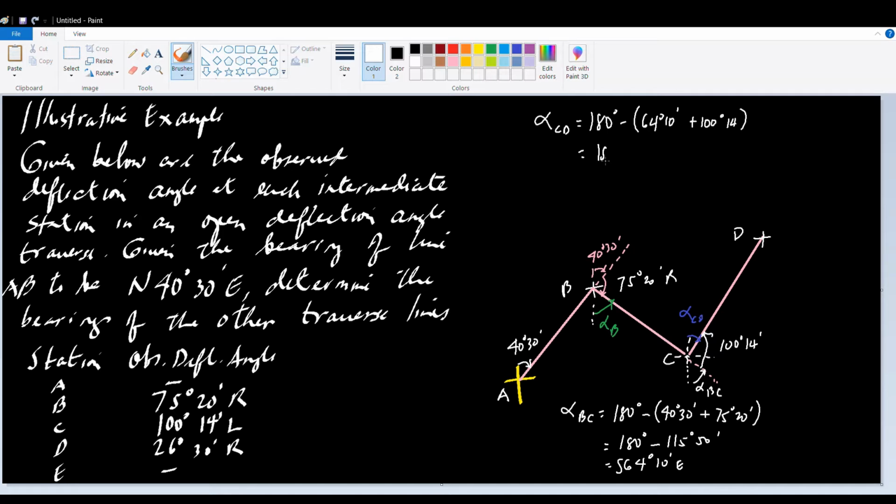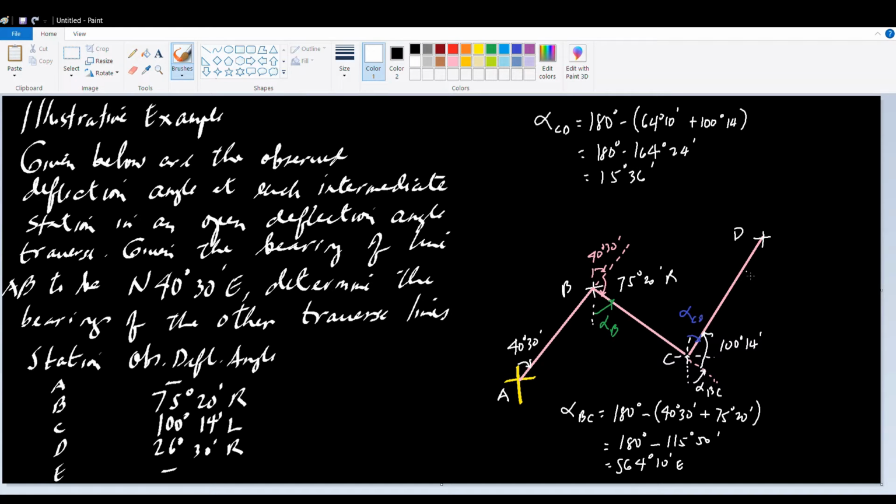So that is 180 minus 164-24. So subtract 164-24 from 180, that will be 15 and 36. Okay. Again, 64-10 and 100-14 is 164-24. 180 minus 164-24. That is 15-36.